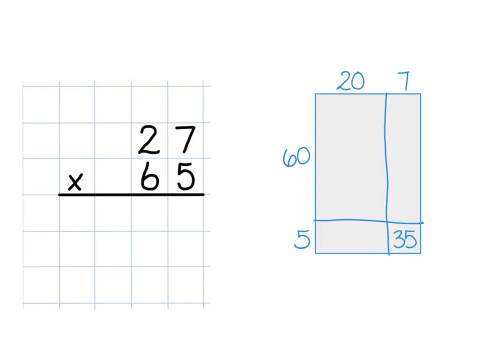Now we will multiply 20 times 5. So 20 times 5 will lead us to this box. We know that 2 times 5 is 10, and then we add our extra 0 from the 20.